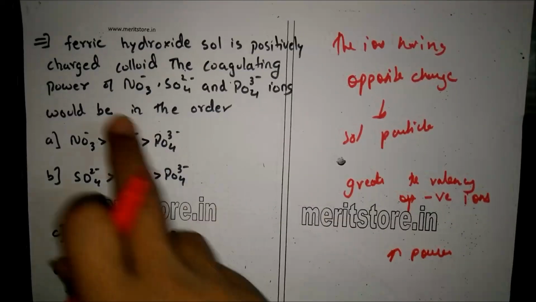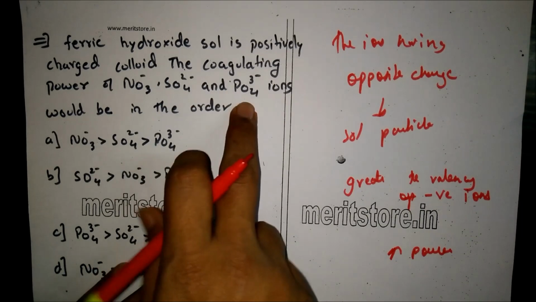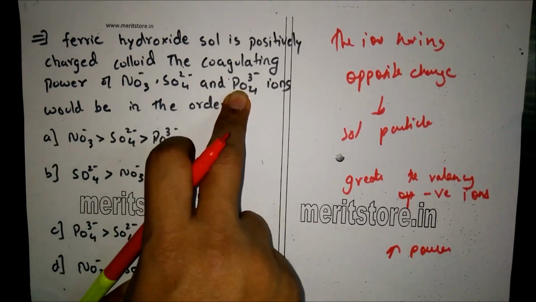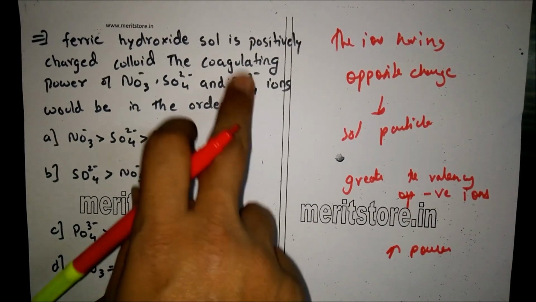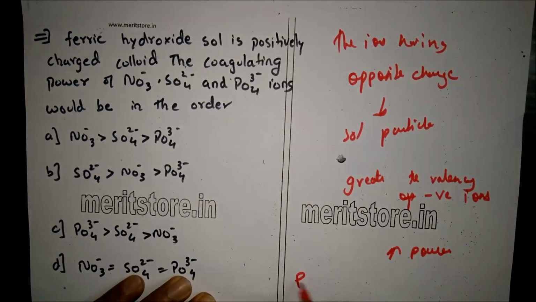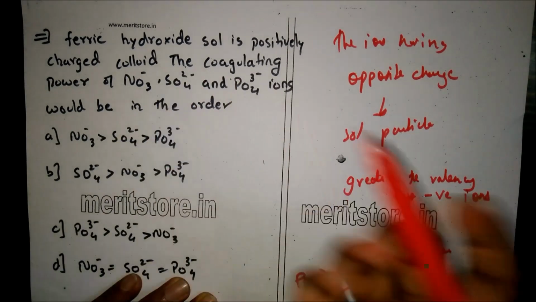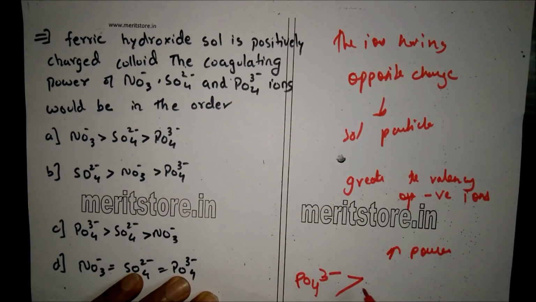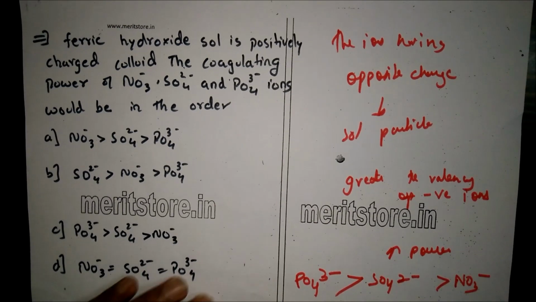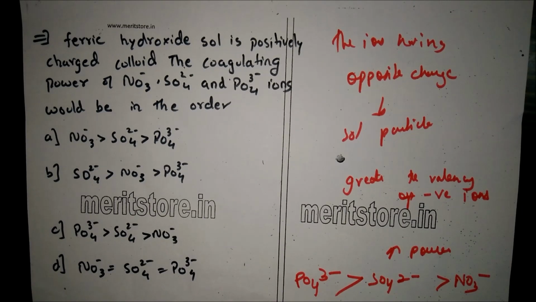Out of all three, PO4³⁻ has the highest charge. Therefore, PO4³⁻ comes first, then SO4²⁻, and at the last, NO3⁻. Therefore, the correct answer is option C.